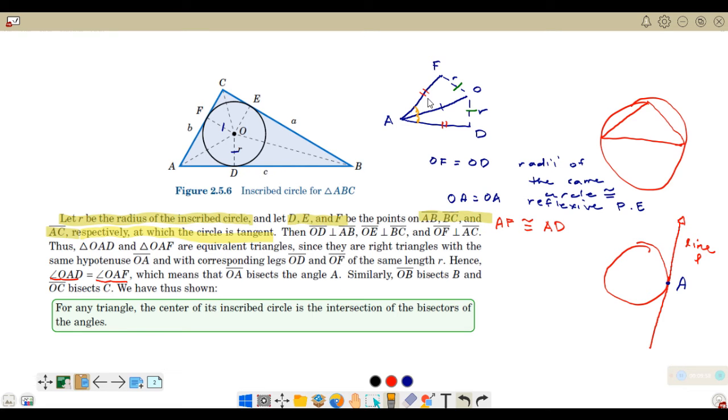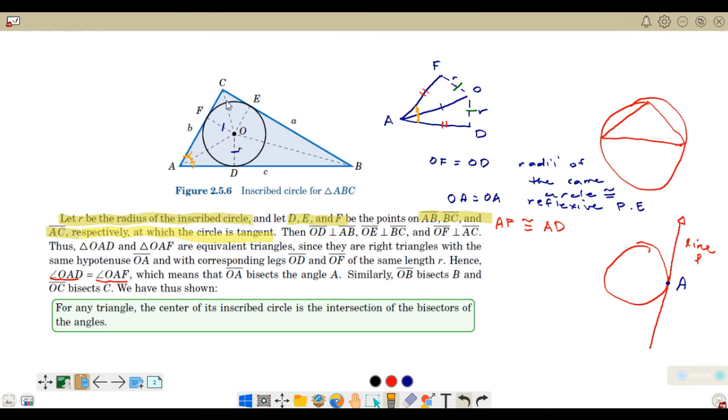Since these two angles are congruent, OA divides angle A. Since this is congruent to the other one, one big angle is bisected, which is angle A. OA divided angle CAB into two congruent angles.